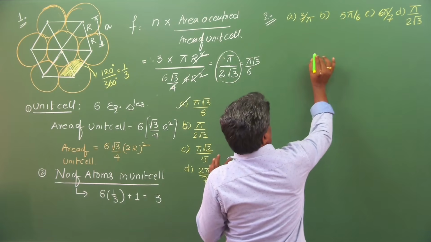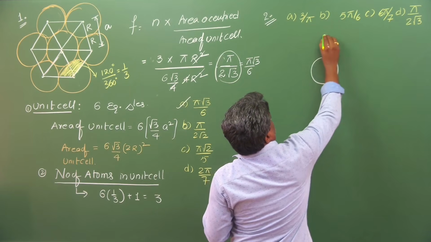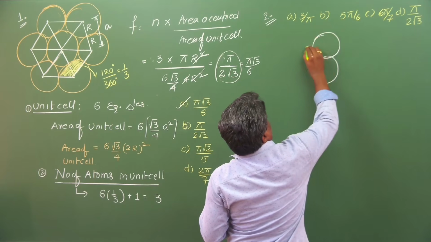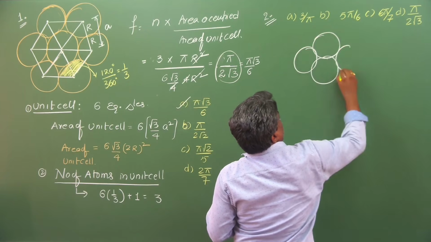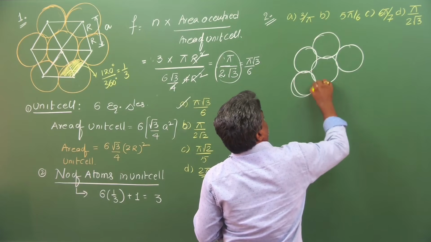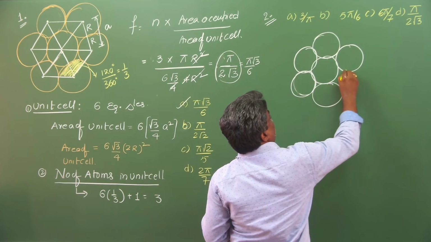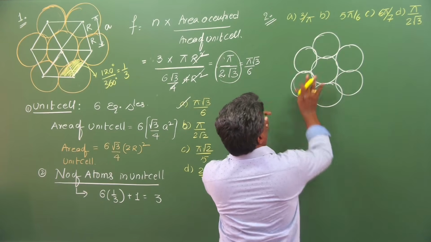Write it. One minute. Try to draw it yourself. Take one disc in the middle, one disc above, and one disc at the side. Come on, do it. You should draw a little carefully, then only will you get the proper diagram.